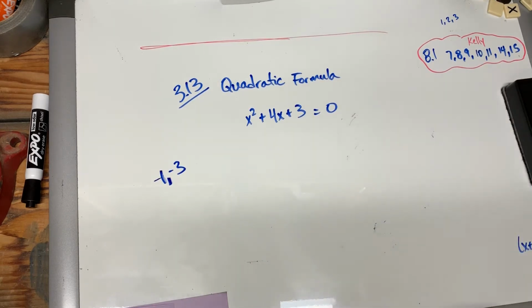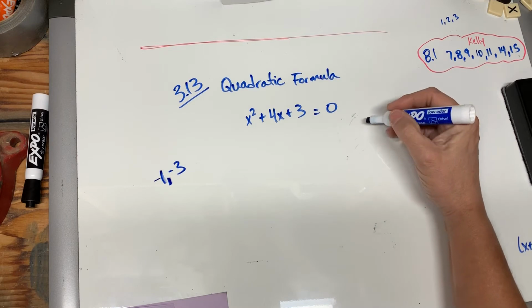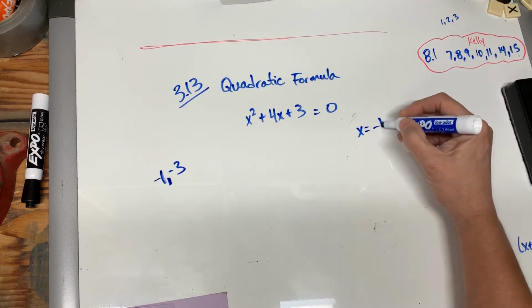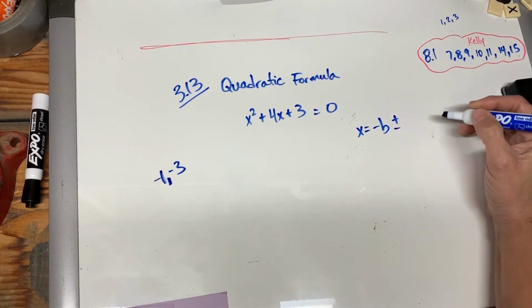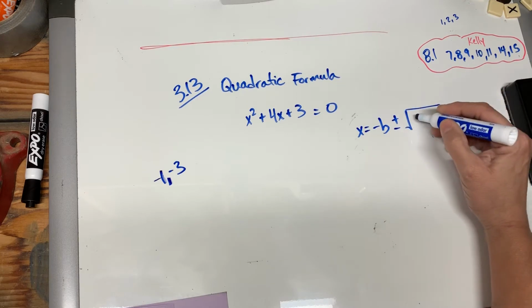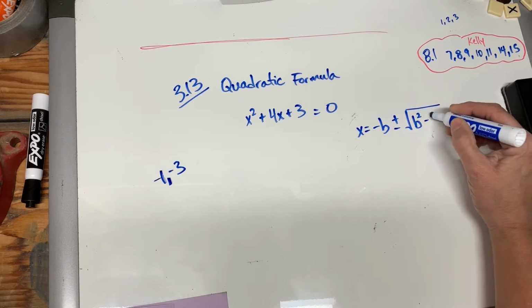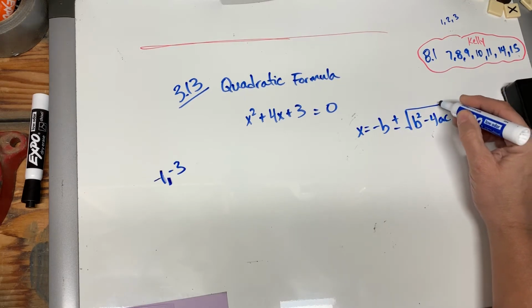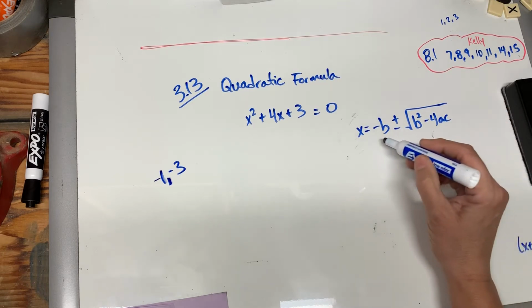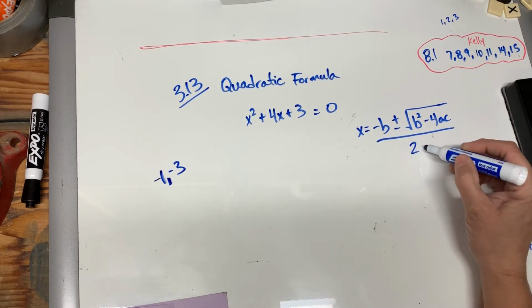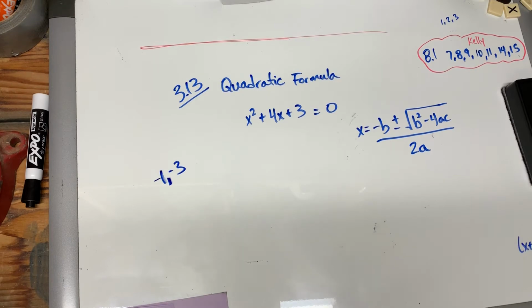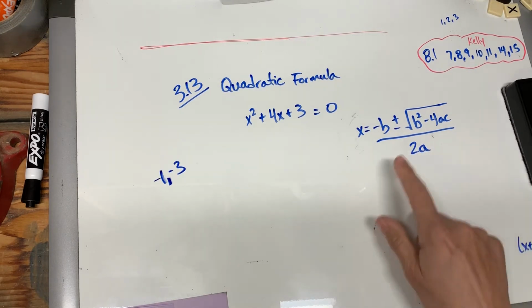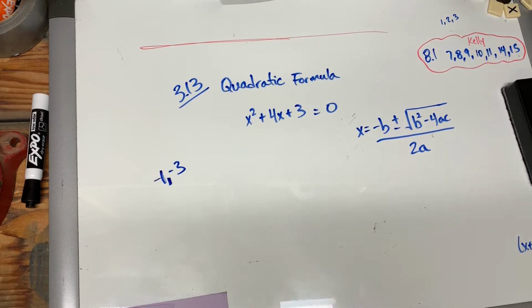So for starters, the formula is this: x equals -b plus or minus the square root of b squared minus 4ac, and that whole thing is over 2a. This is the quadratic formula, which does not make a lot of sense until you figure out what a, b, and c are.